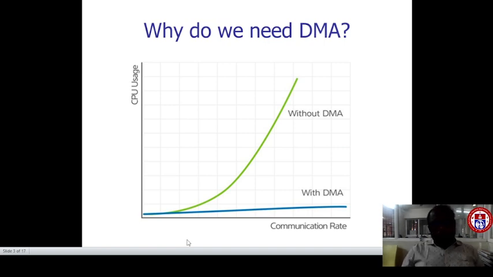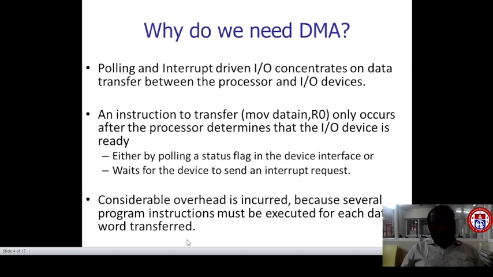Why do we need DMA? Next we will consider polling and interrupt-driven input output for data transfer between the processor and memory devices. An instruction to transfer, that is, move data to some register, only occurs after the processor determines that the IO device is ready, either by polling a status flag in the device interface or by waiting for the device to send an interrupt request.